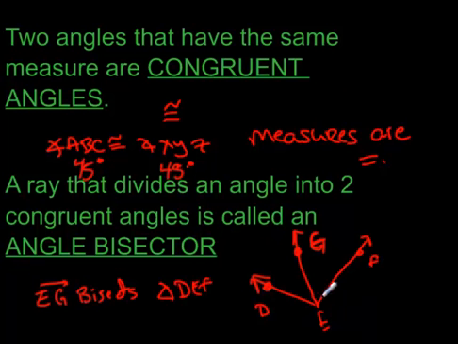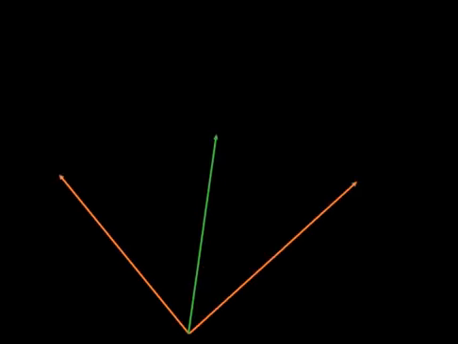That means that ray EG divides this angle DEF into two congruent angles. Therefore, this angle DEG would be congruent to angle FEG. And you will see that marked. They will have the same number of markings or arcs to signify that they are congruent if it is not told to you. So if we know that we have an angle bisector, we can put that into practice.